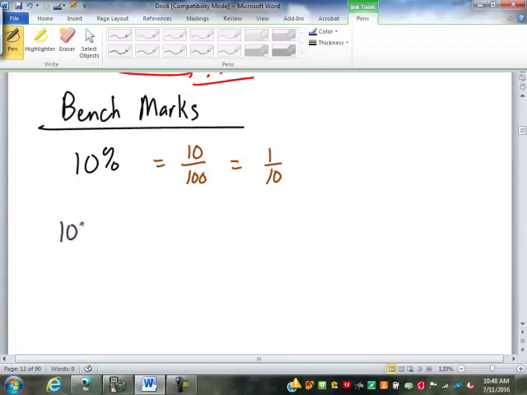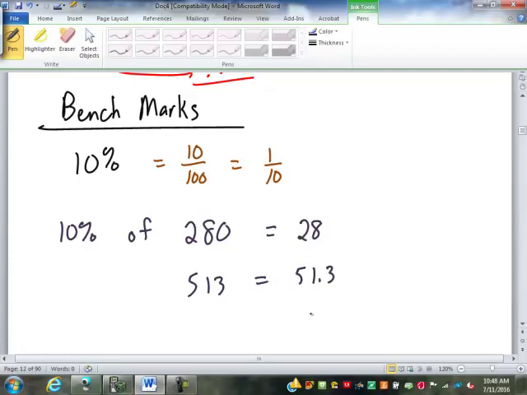So if I asked you to find 10% of 280, what's it going to be? 28. If I asked you to find 10% of 513, what's it going to be? 51.3.